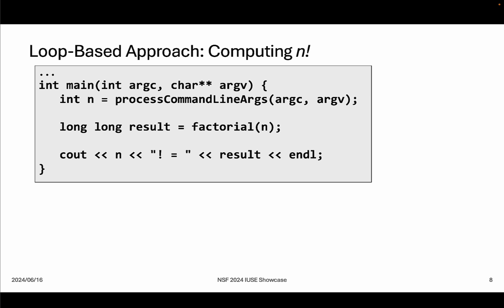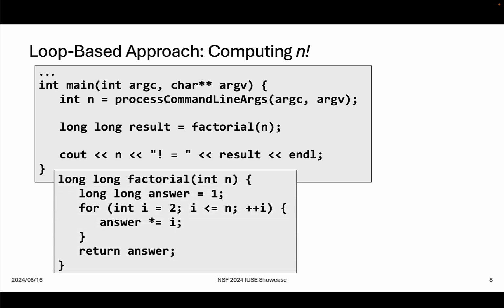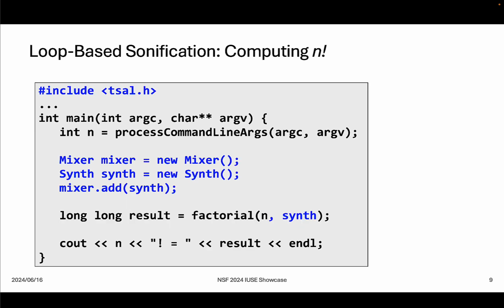The traditional approach is to use a loop, and so here's a C++ main function that calls a factorial function and outputs the result. Here is a definition of the factorial function that uses a loop. And if we were to sonify this, we can use TSAL to create a mixer object that's like a DJ's soundboard, create a synth object, add the synth to the mixer, and then pass that synth to the factorial function.